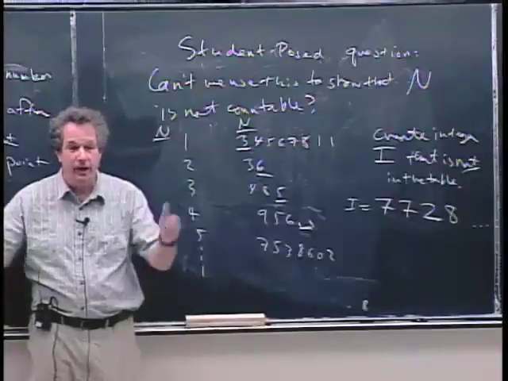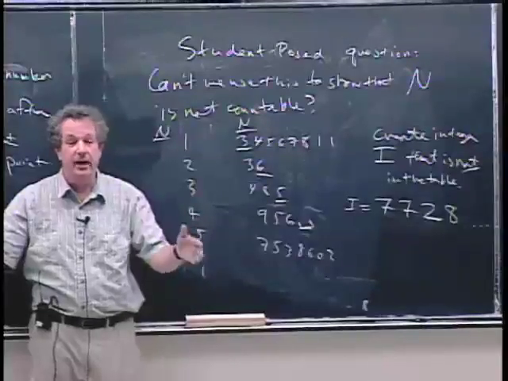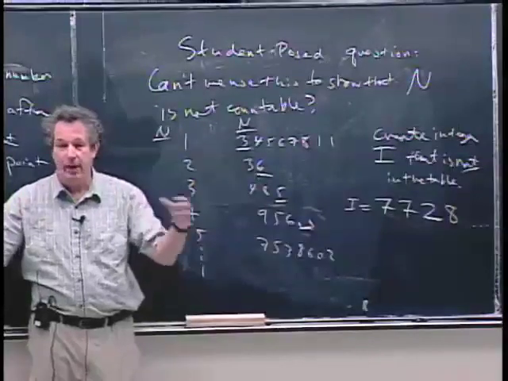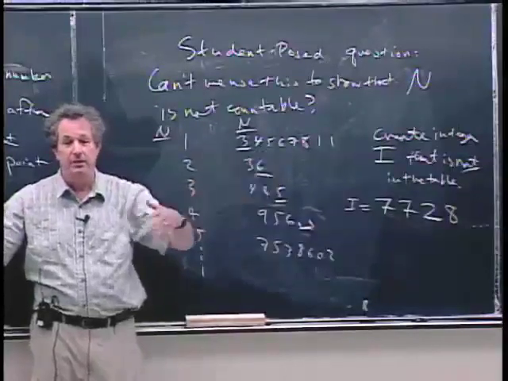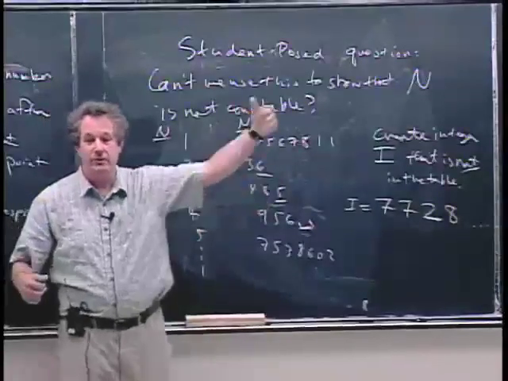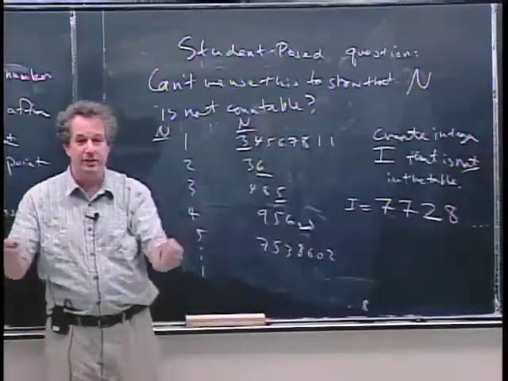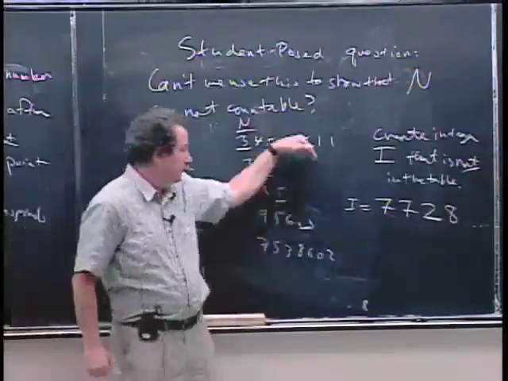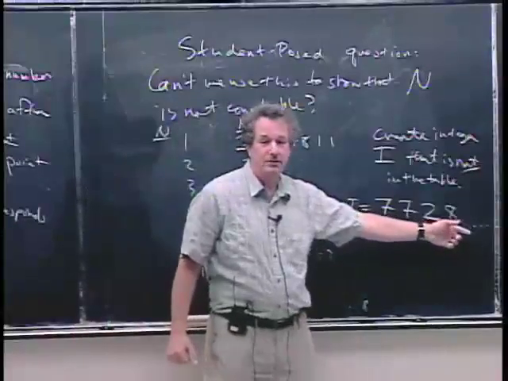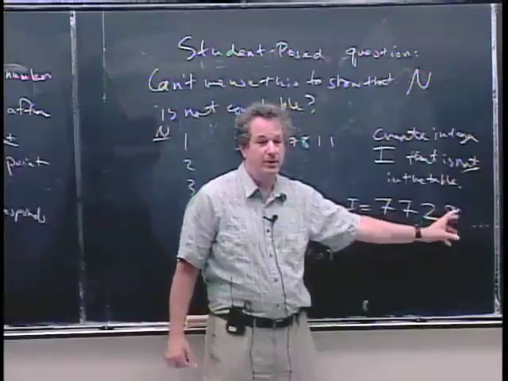Every natural number has a specific finite size. The set of natural numbers has no bound on how big those numbers are. They have numbers of 5 digits and 25 digits, and there's no bound on them. But any particular one just has some fixed number. But here, with this diagonalization, you'll end up creating something that looks like it has an infinite number of digits. So I think we got out of that hole.